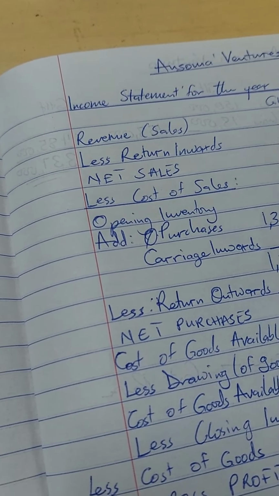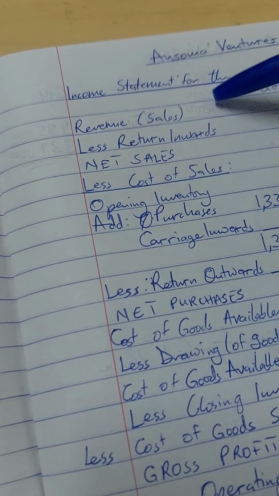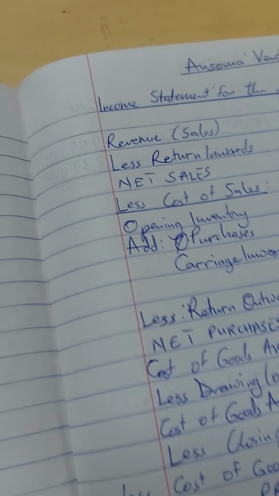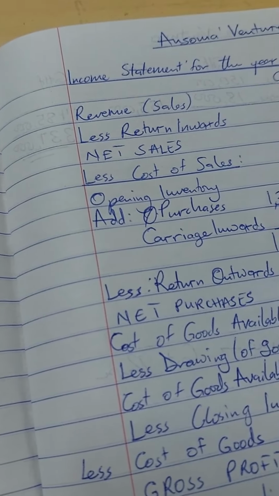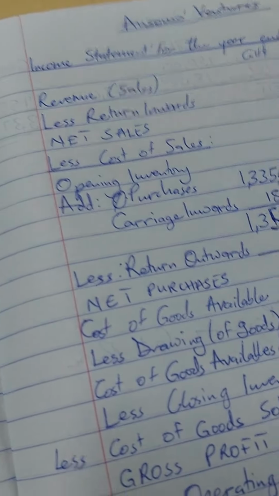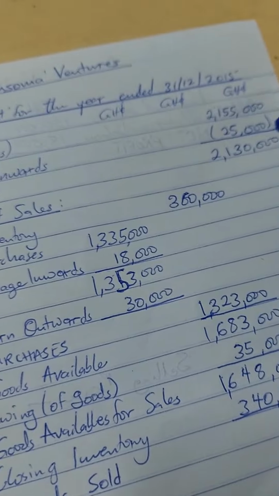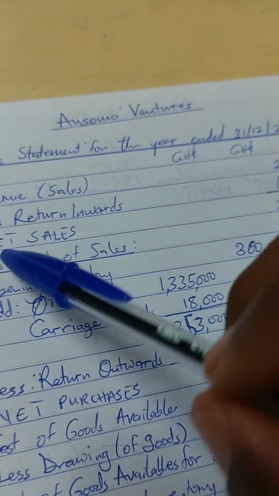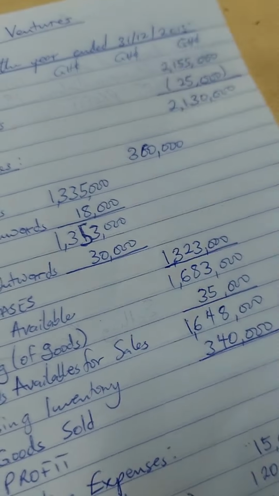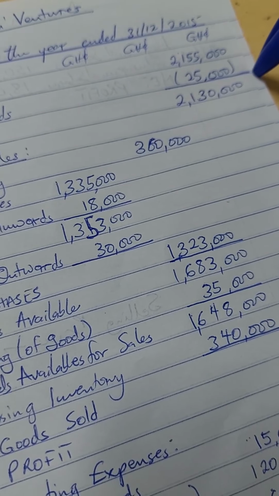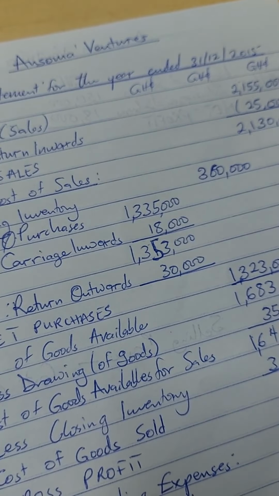So it means that when we talk of the sales, we subtract the goods people have returned from it, because those ones we've not sold. Then we subtract less return inwards from it. Anytime you see "less", it means subtraction. That's why I brought the bracket here for you to know, but in the subsequent ones, I'm not going to bring the bracket.